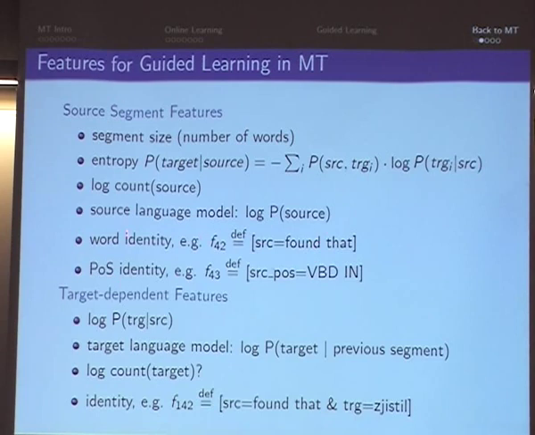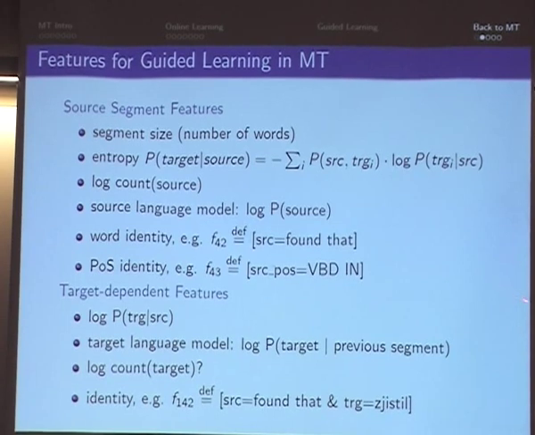And the source language model, I don't know whether it's reasonable to put it there, how many times you have seen this source segment. You can look at the identity of the segment, so maybe you find that it is not a good segment to be translated at all, although the relative frequencies are high. Maybe you want to look at the part of speech tags.